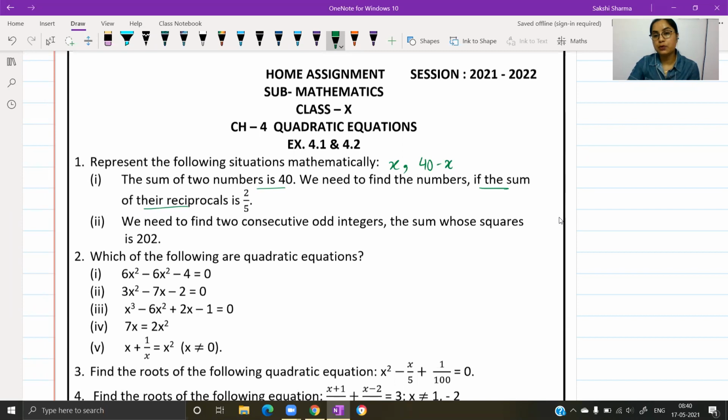Sum of the reciprocals for x and 40 minus x. Armanjot Singh. Ma'am, 1 by x plus 1 by 40 minus x is equal to 2 by 5.